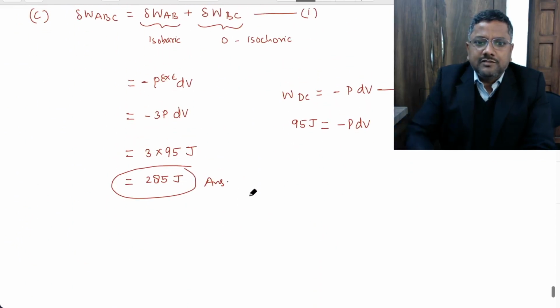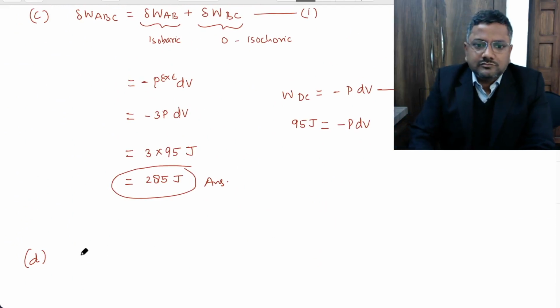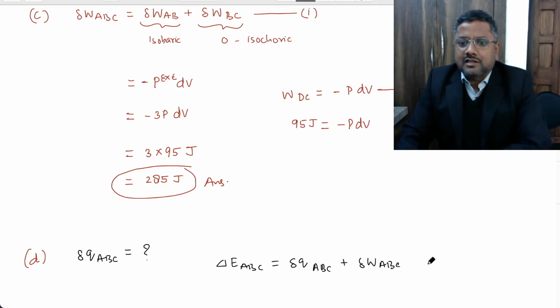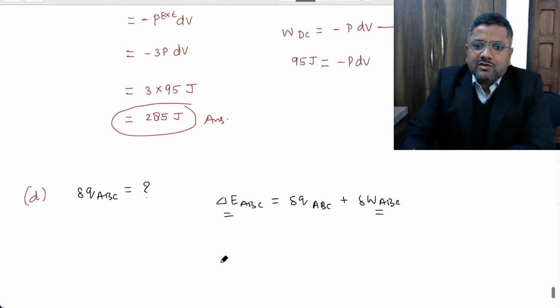Right? Now see D part, heat change ABC. Delta Q ABC, this we have to find out. So we know that delta E ABC is equal to delta Q ABC plus delta W ABC. Thermodynamics first law. We have this value, so we can calculate this value. So this is minus 45 joule.